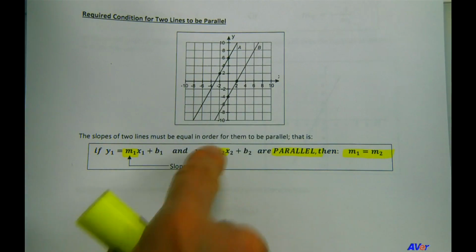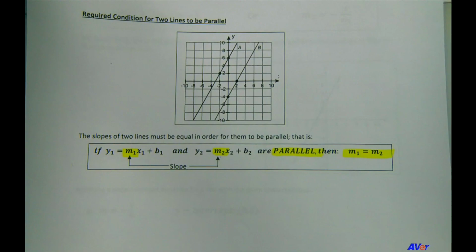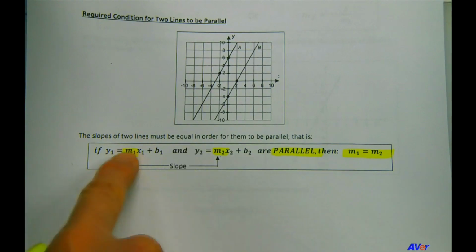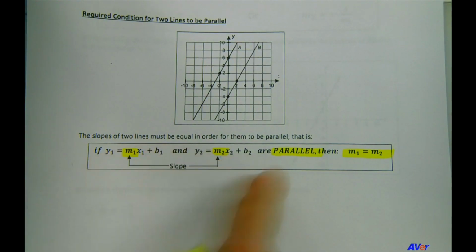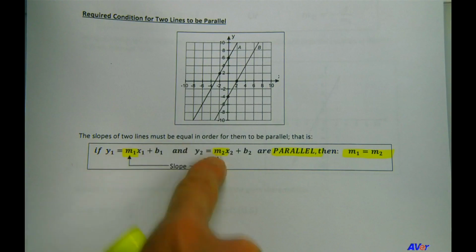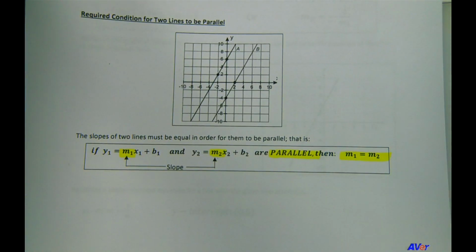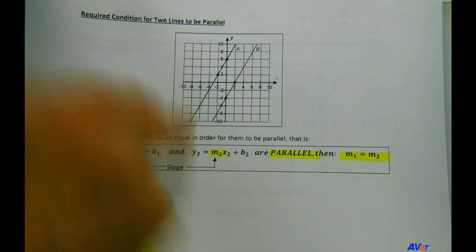In other words, both lines are written in slope-intercept form. Once we have both lines written in that fashion, then we look at their slopes. If they're parallel, the slopes m1 and m2 must be equal. If they're not equal, then the lines are not parallel. Okay, then they must intersect.